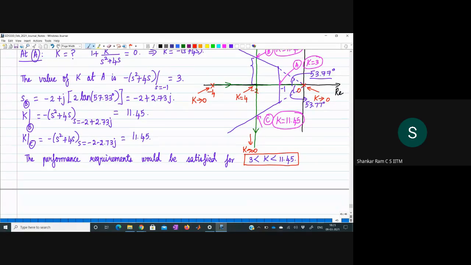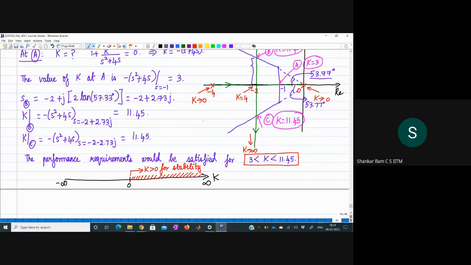And what is the impact of this entire analysis? Please note that initially our K went from minus infinity to plus infinity. Then we did stability analysis. For stability, what did we say? We wanted K to be greater than 0. So using the Routh criterion, we could narrow down from minus infinity to plus infinity, to 0 to infinity.